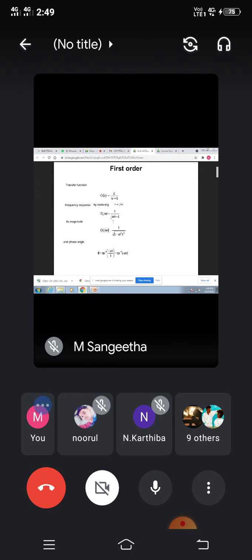Then j omega tau plus 1 takes magnitude as the root of real square plus imaginary square. Real square is 1, so 1 squared is 1, plus imaginary square, where we don't take j. The coefficient of j is omega tau. You should square that imaginary value, omega square into tau square. We took the magnitude action for this frequency response equation.